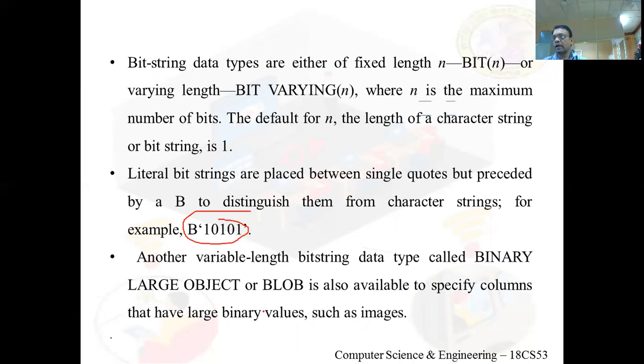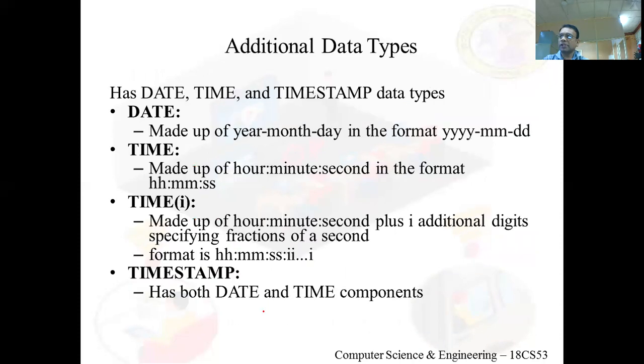So in total, we have int or integer, decimal I comma j, char, varchar, bit string, bit varying, clob and blob. Additional data types included in SQL are date. Suppose I want to represent the date as 2002-01-02, that is YYYY-MM-DD, so I use the date data type. If you want to store time information, we can use the time data type.